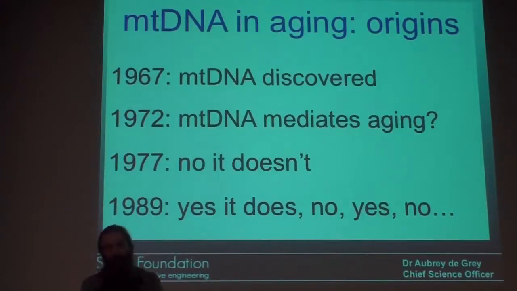A few years after that, the famous and eminent and subsequently much more famous for other reasons gerontologist Alex Comfort noticed what Harman had said and suggested that it couldn't possibly be right, because he was aware of something that until quite recently many people did not really pay much attention to, namely that in non-dividing cells, as well as, of course, in dividing cells, there is constant mitochondrial replication.